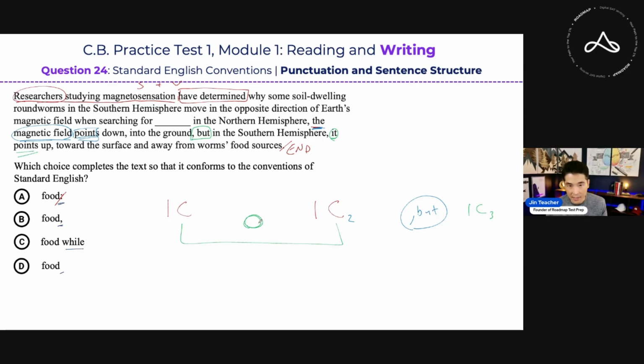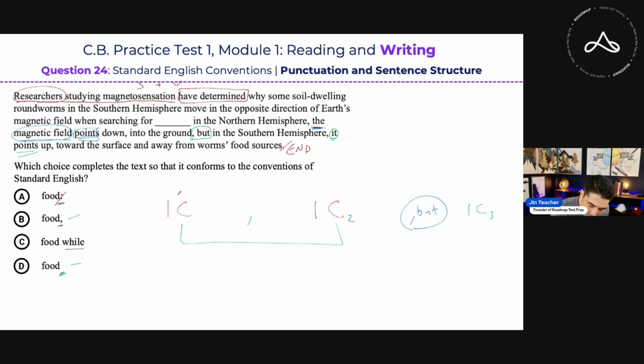If you notice answer choices B and D, answer choice B and D separates the 2 independent clauses with just a comma, or with no punctuation. Okay, well, what's the problem there, right?